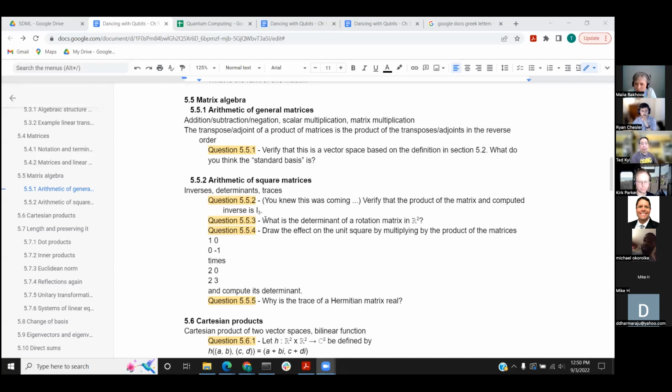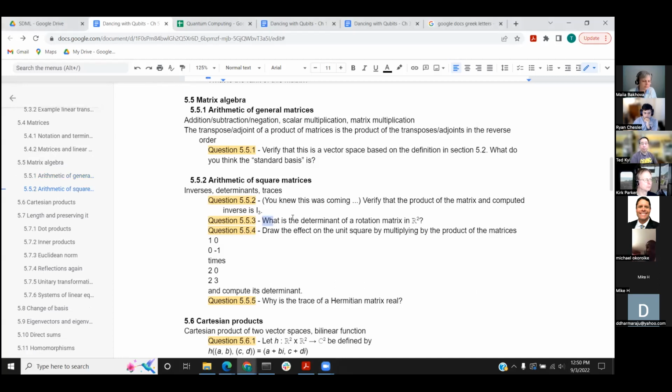Okay, so I haven't really been pausing on the questions, but there are a few questions that I thought were sort of interesting. What is the determinant of a rotation matrix in R2? They show that formula with the sine and the cosines. It should be 1 because distances are not changing.